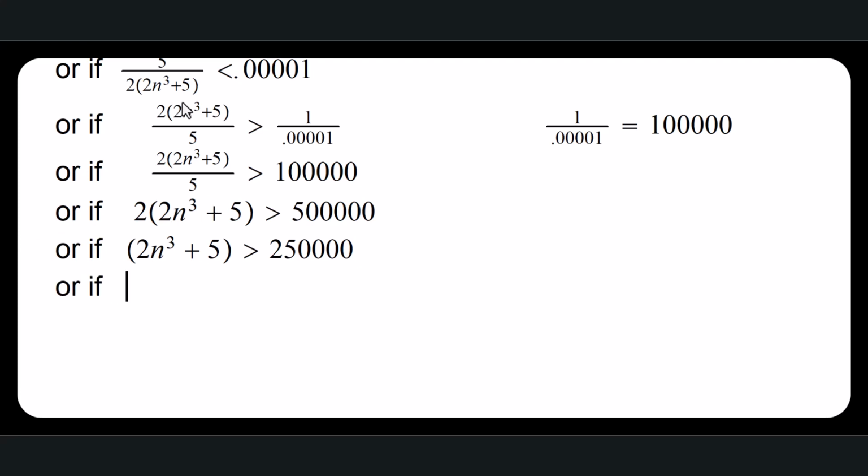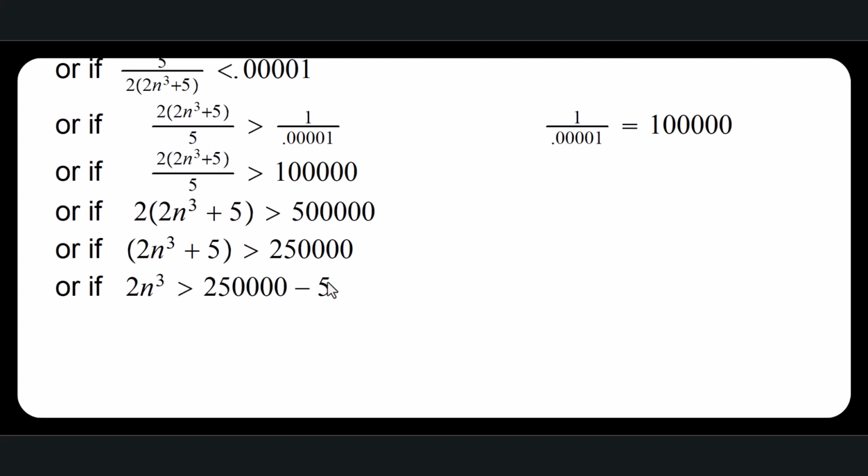So this 2 is out. And then what you have, even though it's not going to matter much, is 2n cubed greater than, let's subtract 5 from here.